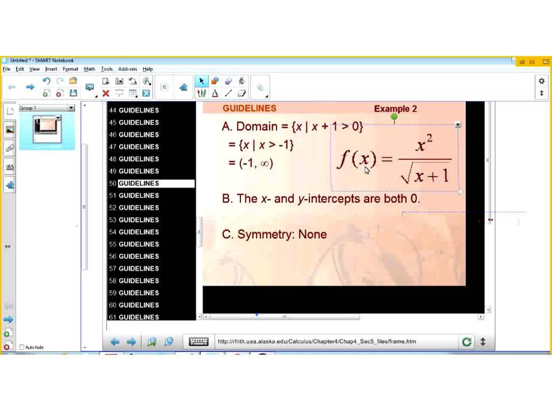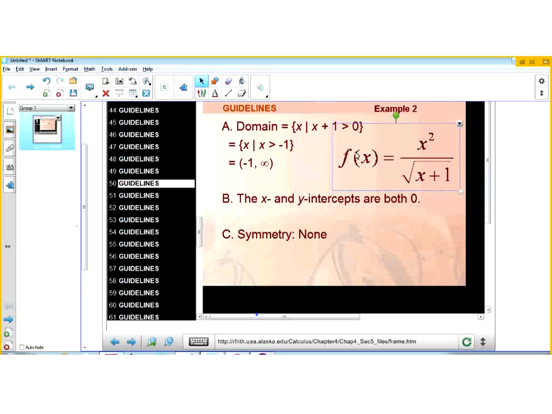Looking at the function now, the domain is obviously that x plus 1 has to be greater than 0, because we're not admitting complex numbers in this class. If x were -1, of course, we'd be dividing by 0. And if x were less than -1, we would have a negative number in the radical, and that's not permitted. So this is the domain, in set notation and using interval notation.